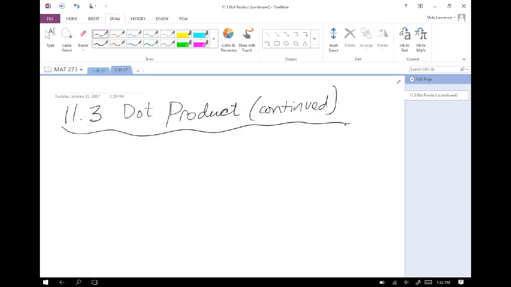So I'm going to have just our basic formula again because we're going to be using it in every single one of these problems here.